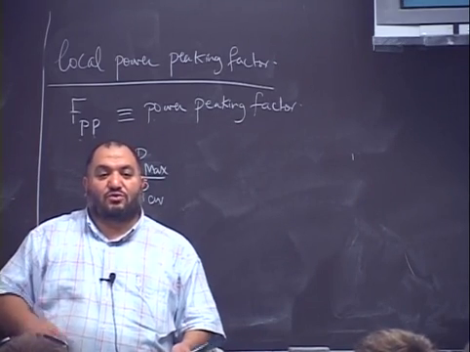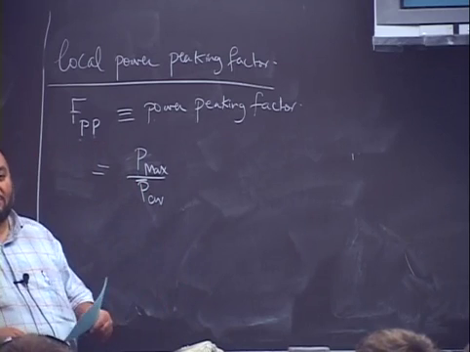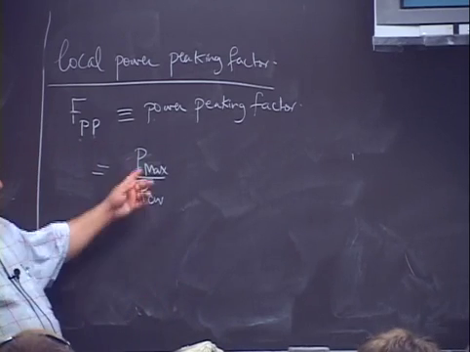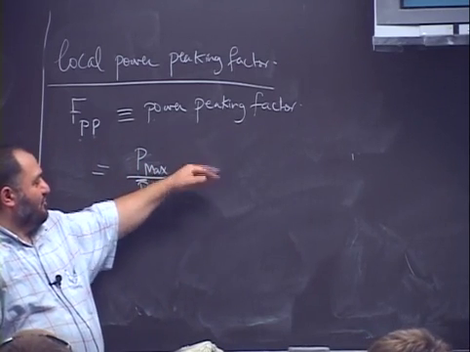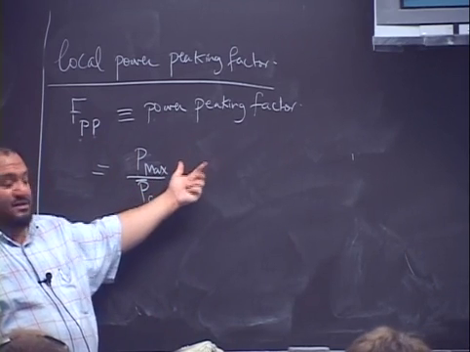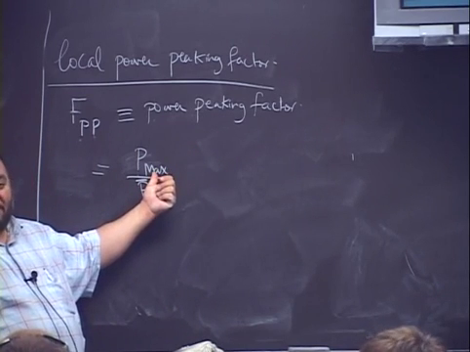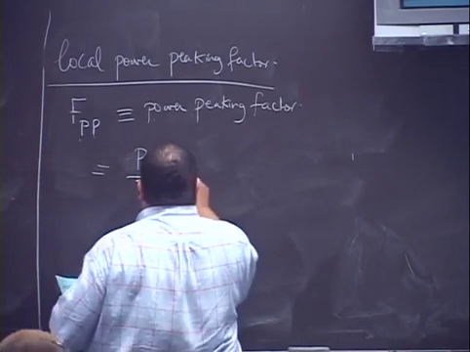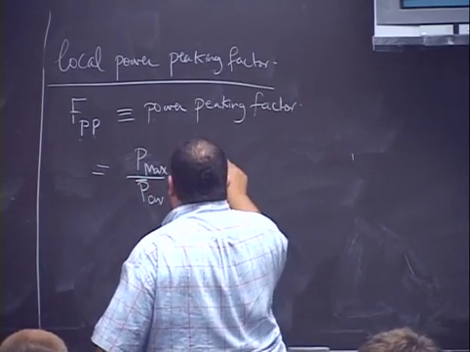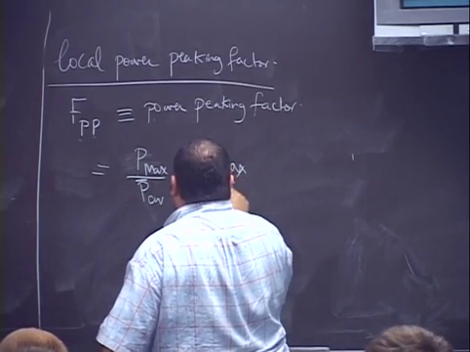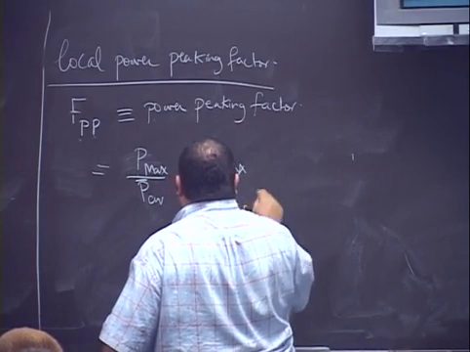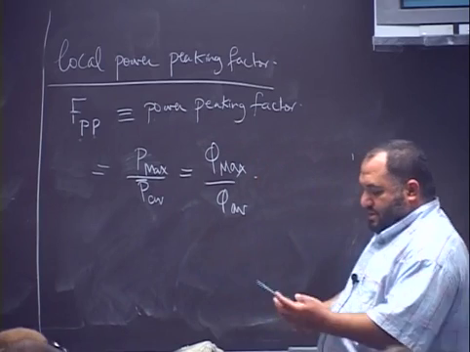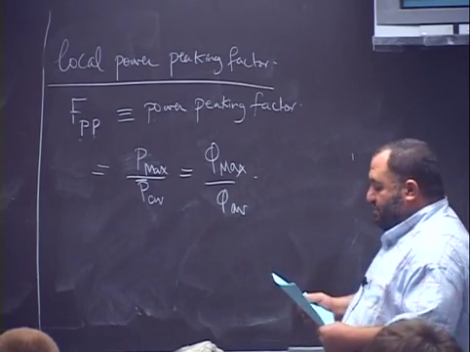So the power is proportional to the flux, with some proportionality factor. So this will be the maximum flux, and this will be the average flux. This is the same as saying the ratio of the maximum flux to the average flux, because they are related to each other.